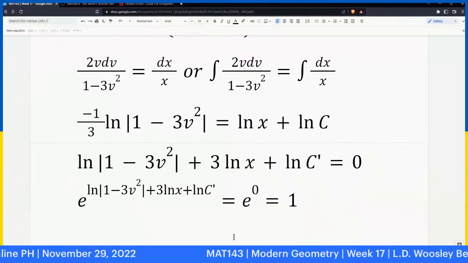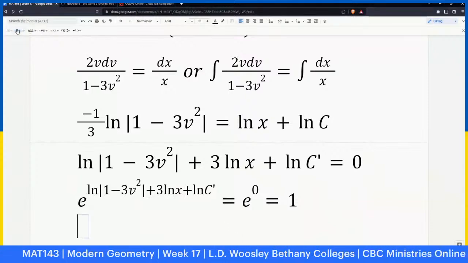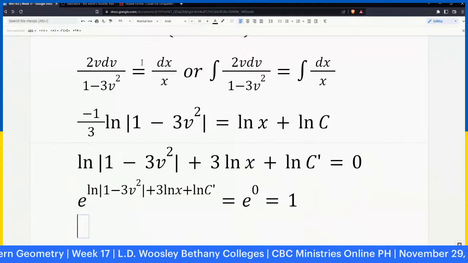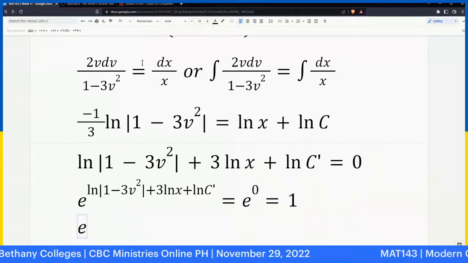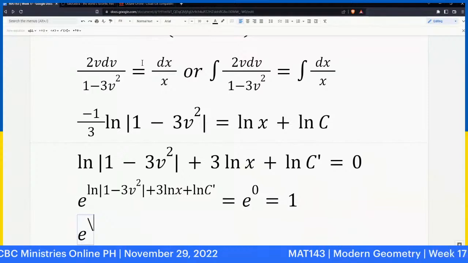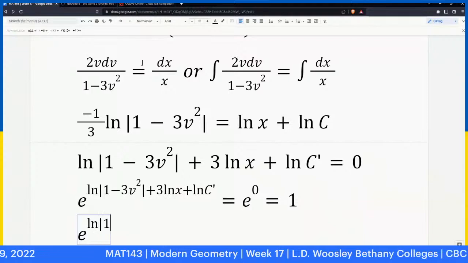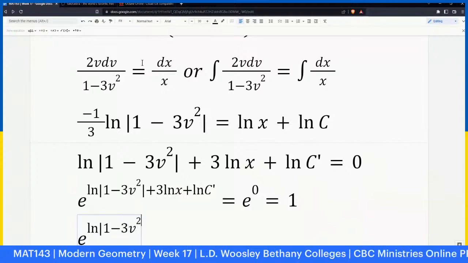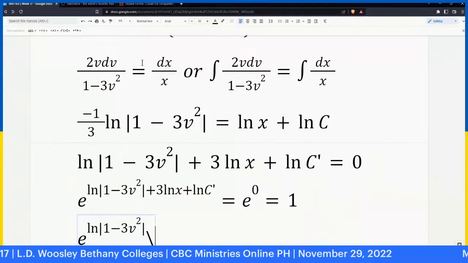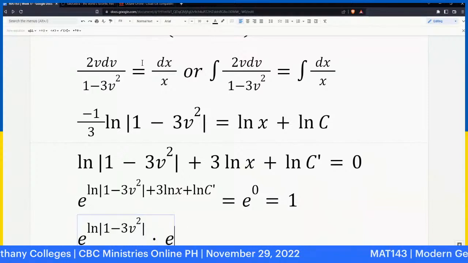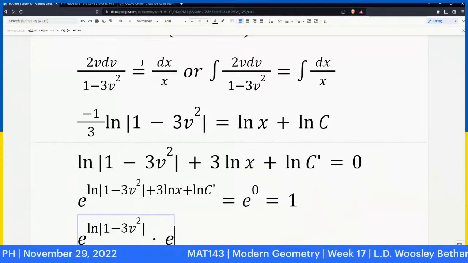Okay. So from here, pwede natin, power rule o law of exponent, pwede natin siya i-dissect, no? E raised to ln of 1 minus 3b squared, times E, laws of exponent to. Gets ba, Micaela?